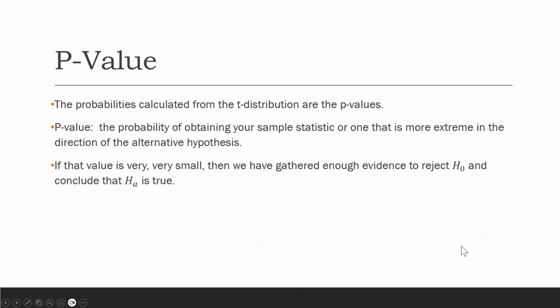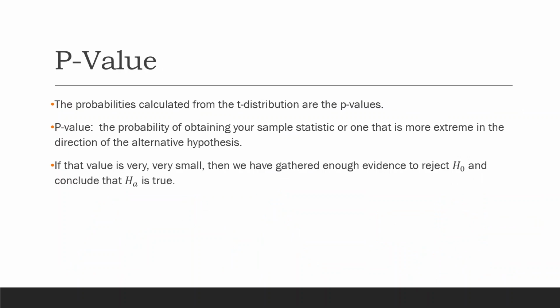Now, if that p-value is very, very small, so the probability of getting that test statistic or one more extreme, given that you've already assumed that that null hypothesis is true, then that's a lot of evidence against the null hypothesis, right? Because remember, we assumed that the null hypothesis is true.